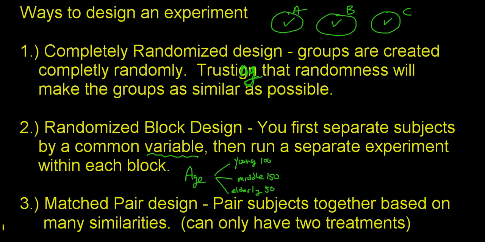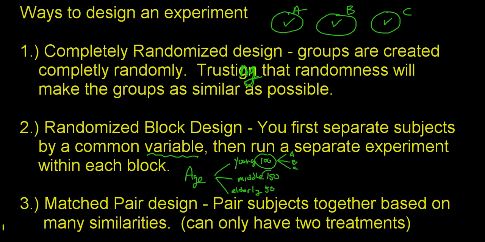So of the 100 young people, you're going to give 1/3 of them treatment A, 1/3 treatment B, 1/3 treatment C. So maybe 33, 33, 34. How am I going to do that? Of course, randomly. Everybody gets a number, 1 through 100. The first 33 go into group A, the next 33 go into group B, and then the leftover 34 go into group C. So I'm running my own little experiment on the young people.